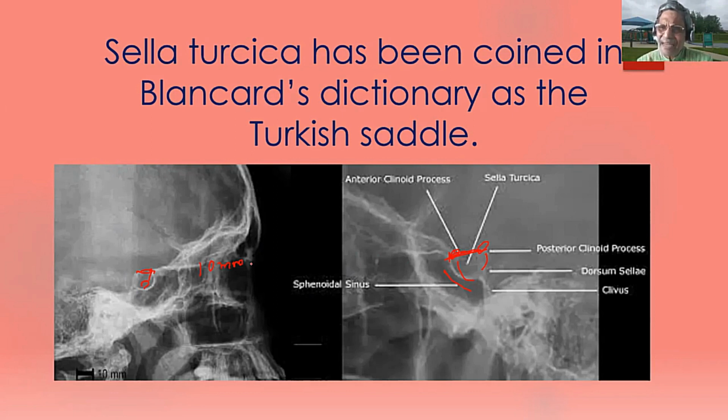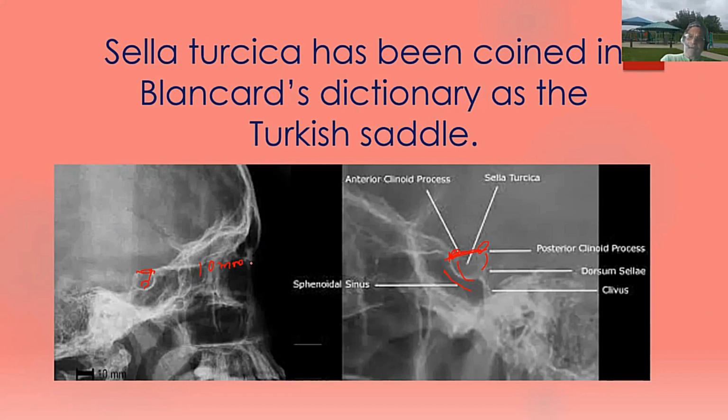The chiasma is lying over your diaphragma sellae. So naturally it has to enlarge a minimum of 10 millimeters. Then only can it touch the diaphragma sellae and compress your chiasma.